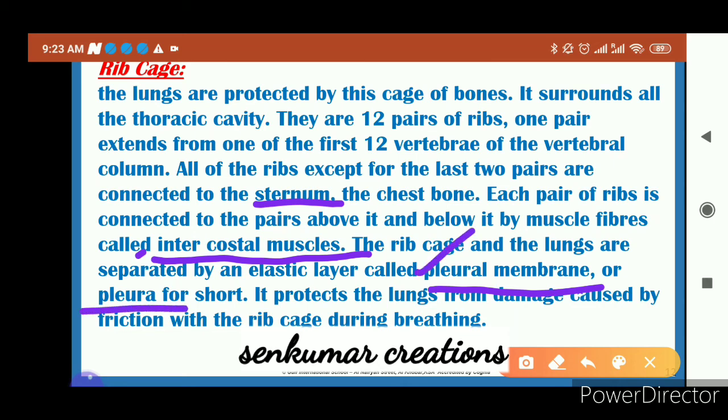It protects the lungs from damage caused by friction with the rib cage during breathing. So what's the function of this pleural membrane? It protects the lung from any mechanical injuries. So we have studied the sternum, intercostal muscles, pleural membrane, and its function.